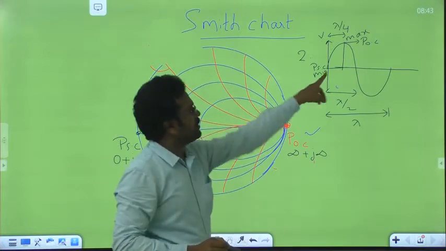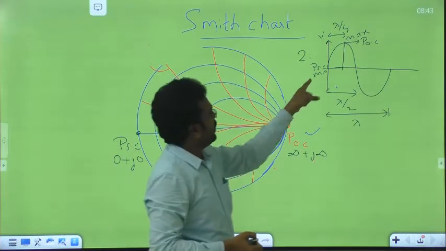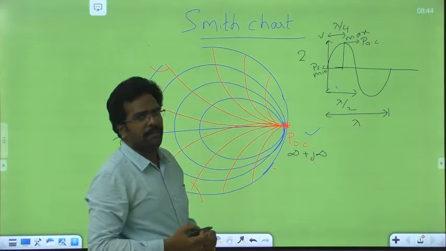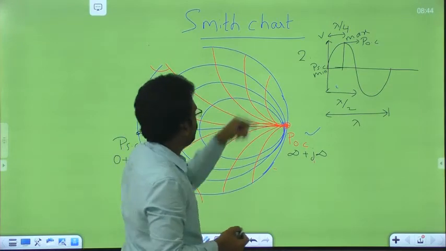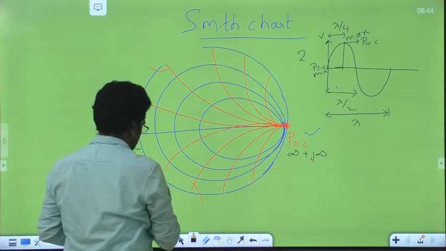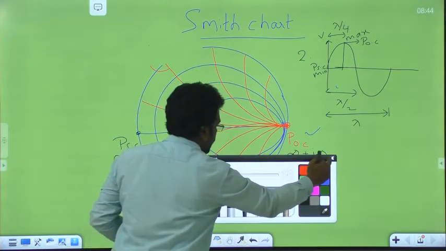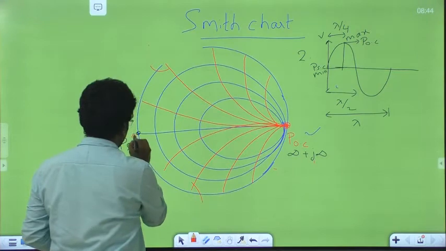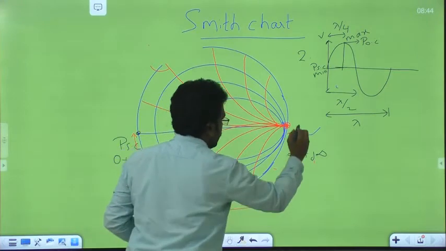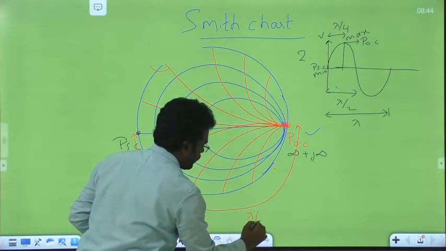So from this waveform, what can we observe? The distance between PSC and POC is lambda by 4.